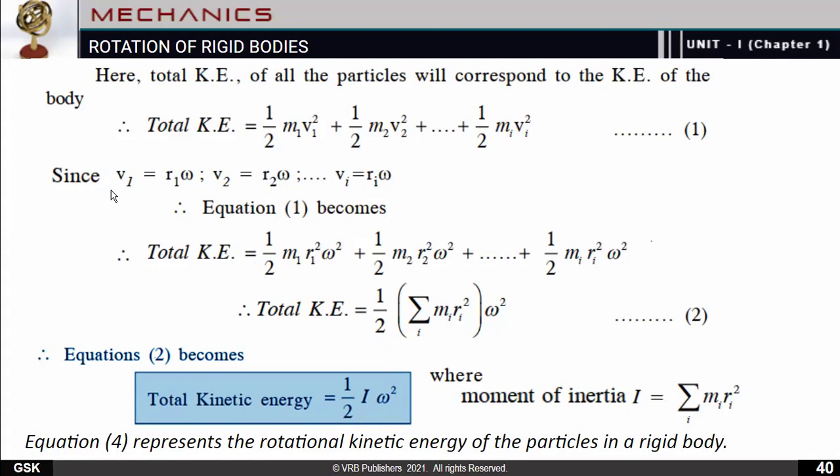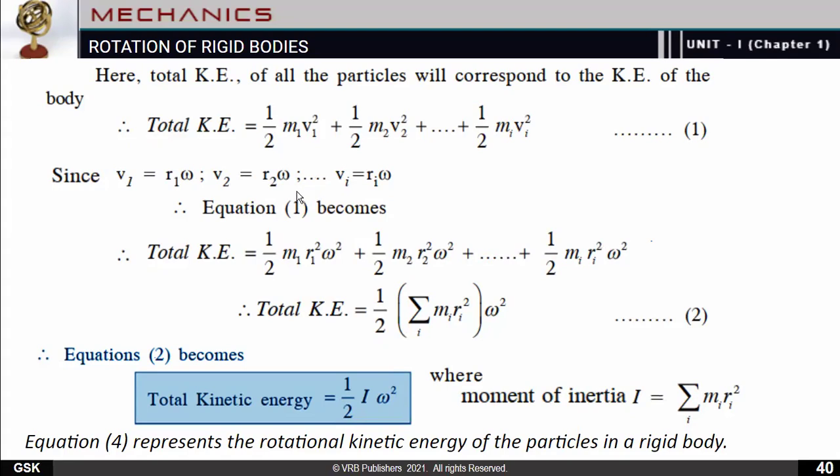But we know the relation between linear velocity and angular velocity: v1 equals r1 omega for the particle m1, v2 equals r2 omega for the particle m2, and for the particle mi, vi equals ri omega.